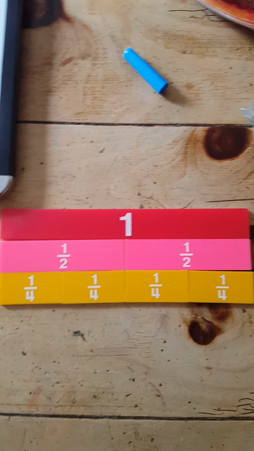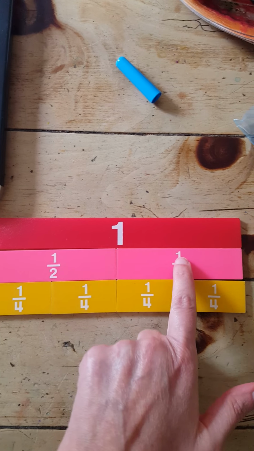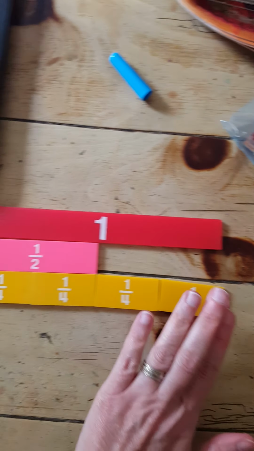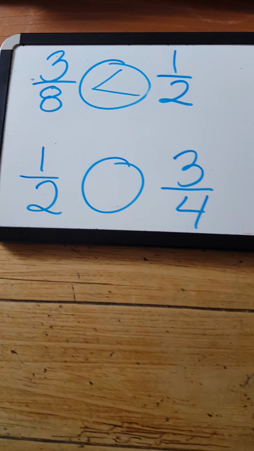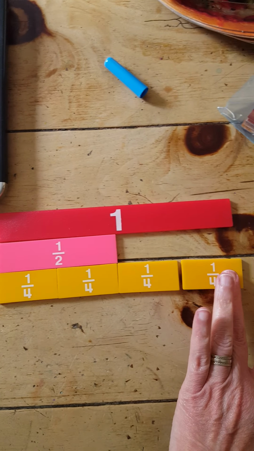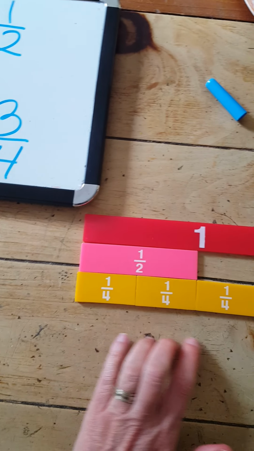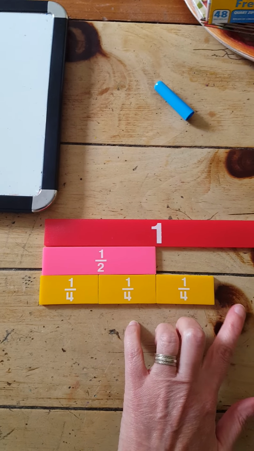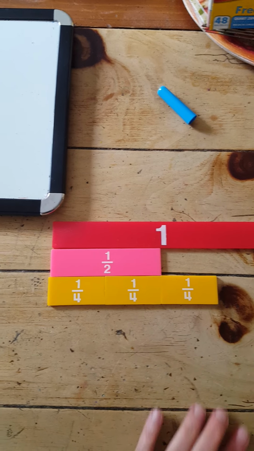But we're trying to compare 1 half, so let's take away a half, so we only have 1. And we're trying to compare 1 half to 3 fourths, so that means I will leave 1, 2, 3, and take away 1.